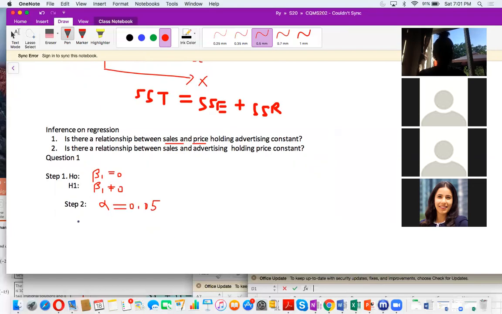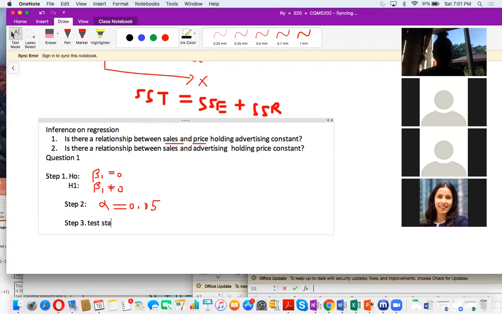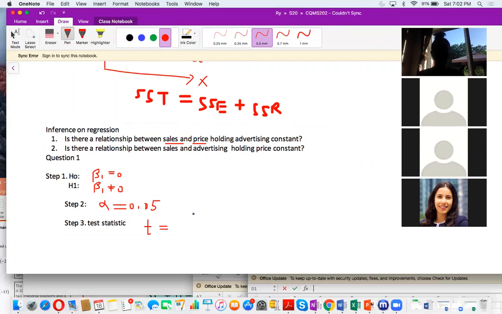Step 3, you calculate the test statistic. You use the T test statistic. The formula is B1 minus beta 1 divided by SB1.